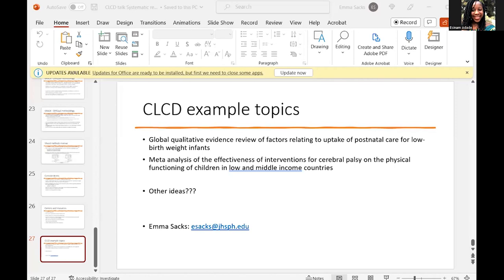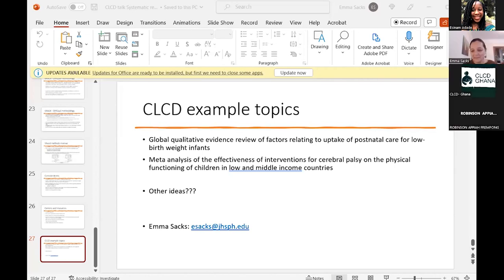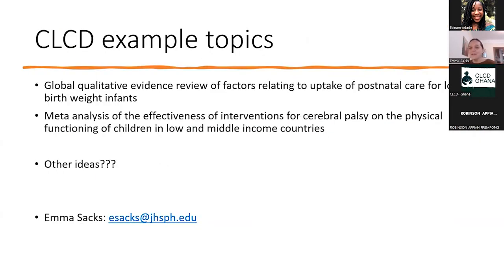I was trying to brainstorm some examples of topics within the kinds of things that CLCD works on that might lend themselves to a systematic review. Again, I haven't looked at whether these have been done. You could do a qualitative evidence review of factors relating to the uptake of postnatal care by a specific population.